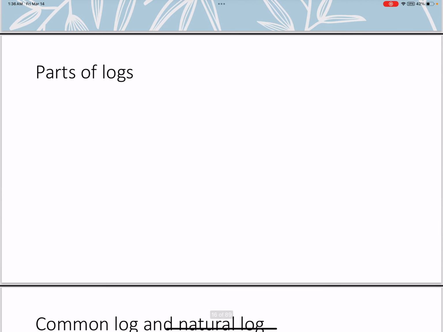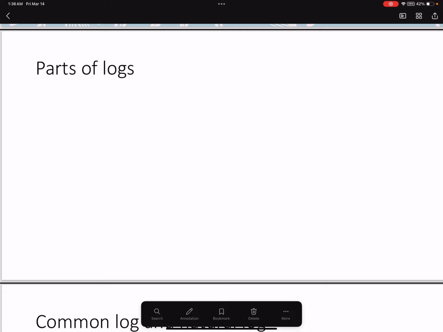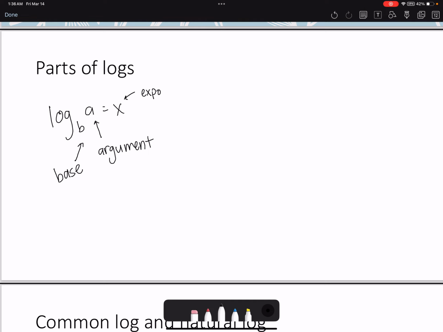This section is about properties of logs, and we're just going to go over parts of logs. A log is written as log base b of a equals x. Here b is called the base, a is called the argument, and x is the exponent.